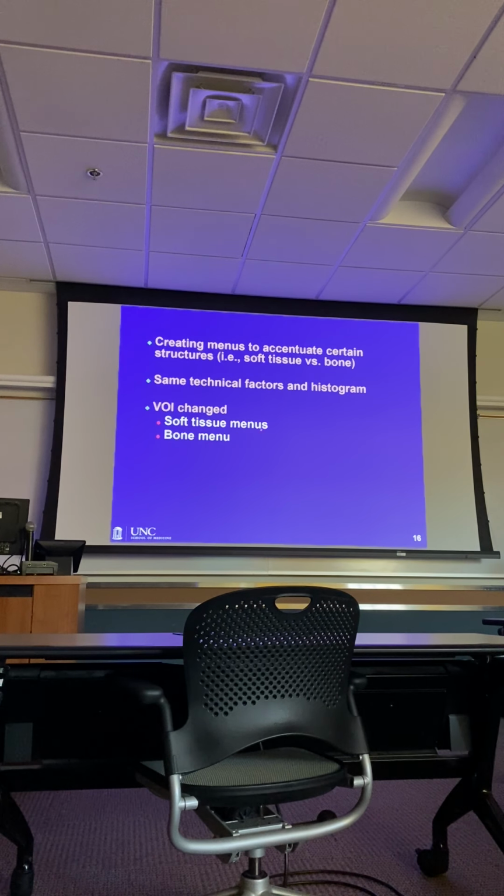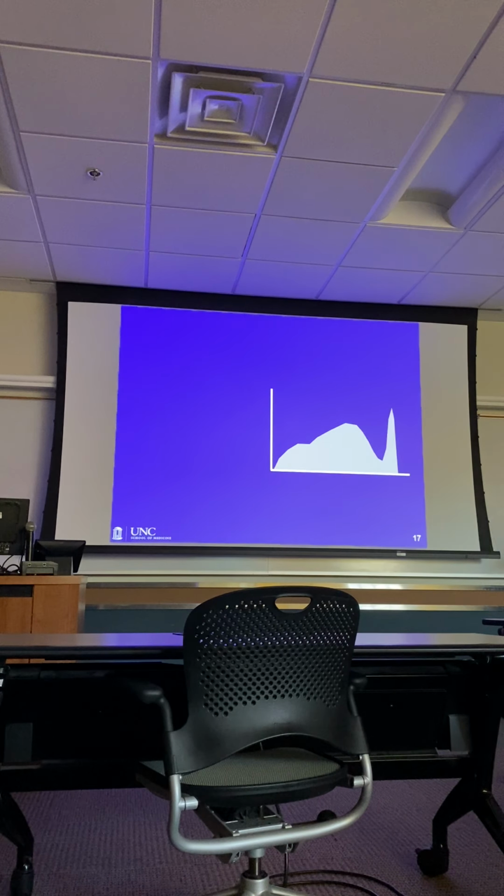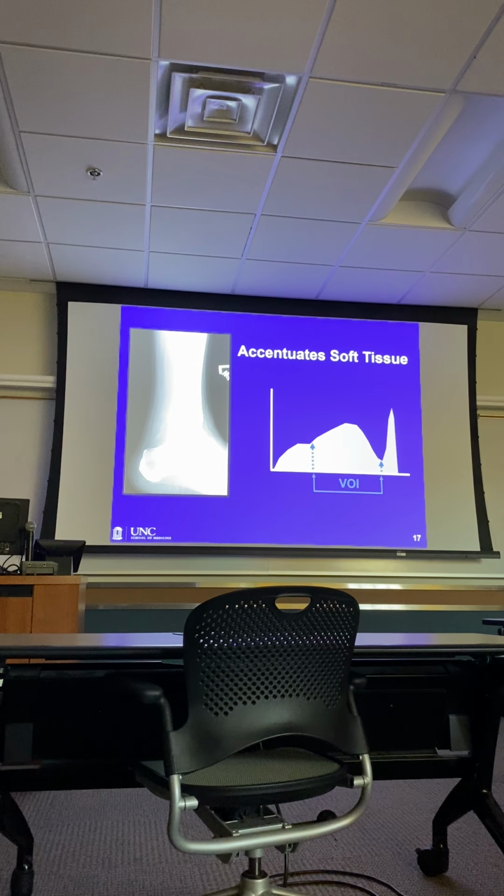And so what happens is it changes the values of interest. Just to give you an example here, if a system includes as a value of interest from the skin line only through this hump here, we end up accentuating soft tissue.